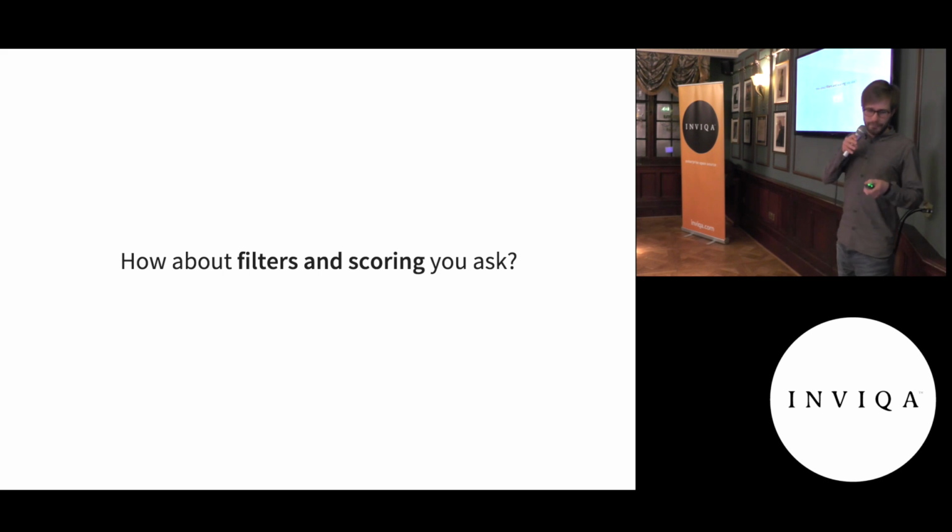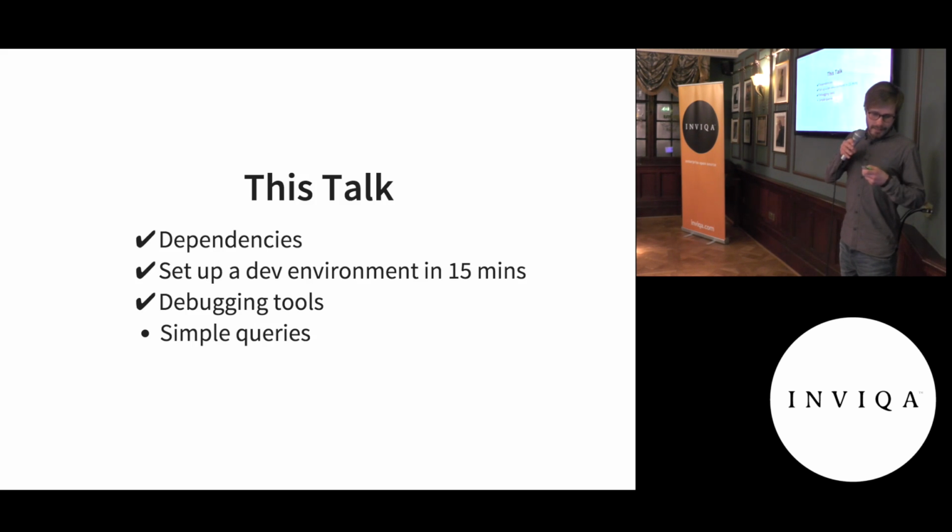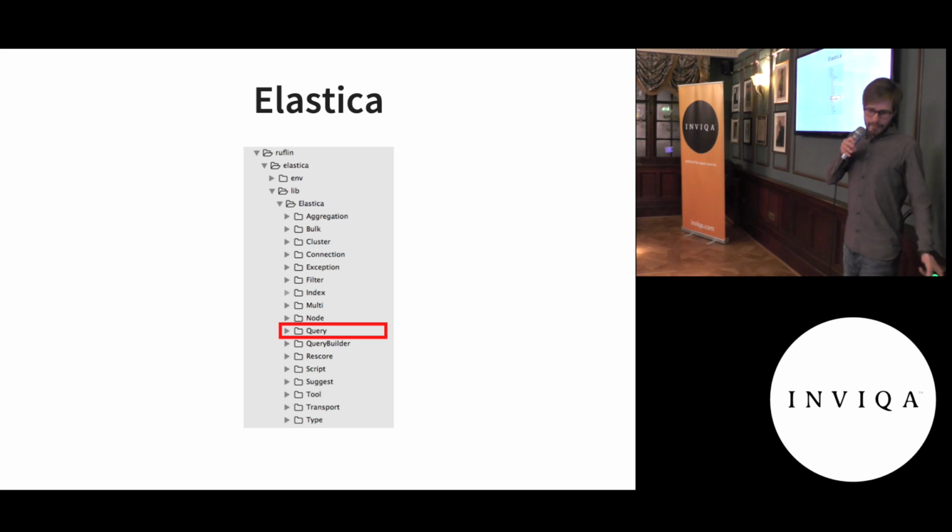Filters and scoring. So we had this very basic search now, right, where you just type in a keyword and we just query all fields, and that's it. If you want to do more, have a look at this folder. It's the Elastica library folder, and in particular the query folder.